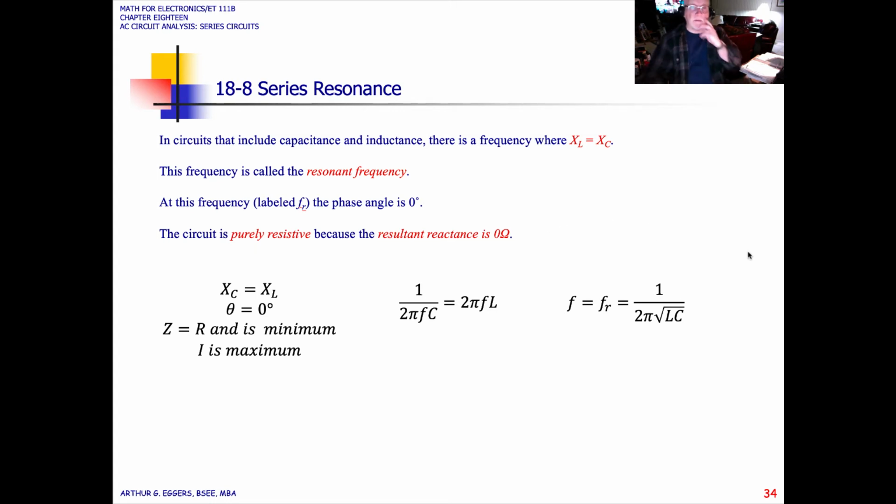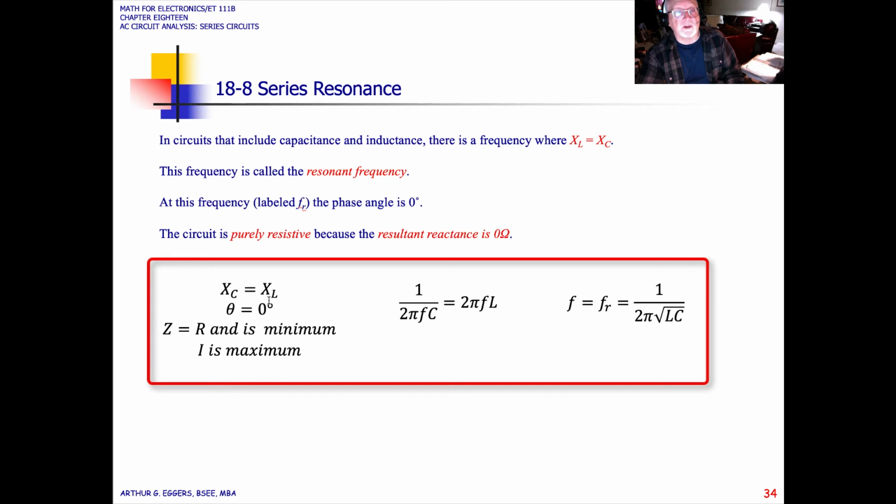And so what really happens here is any energy in those two components is basically swapping back and forth at the resonant frequency. So we have these terms here, where X sub C equals X sub L at 0 phase angle. The impedance, R, is a minimum and I is a maximum.